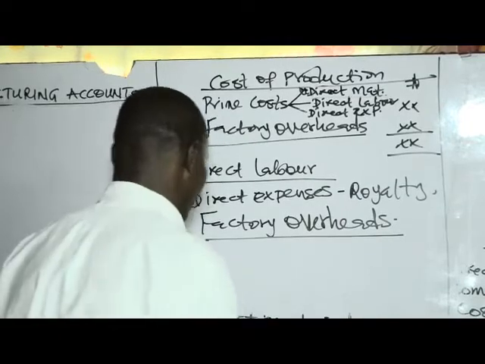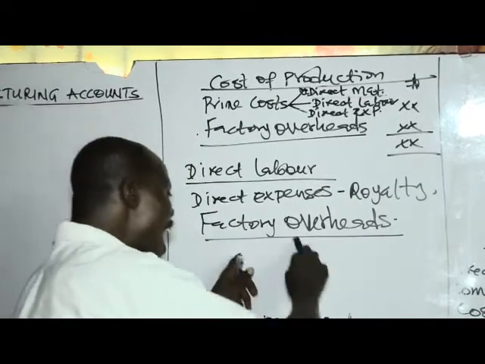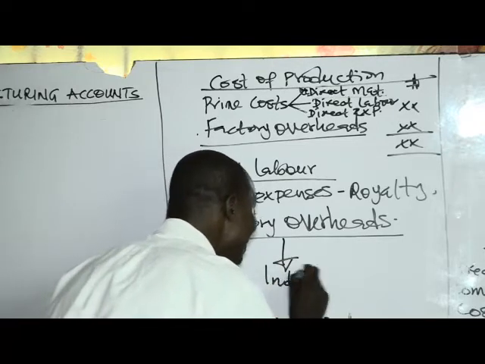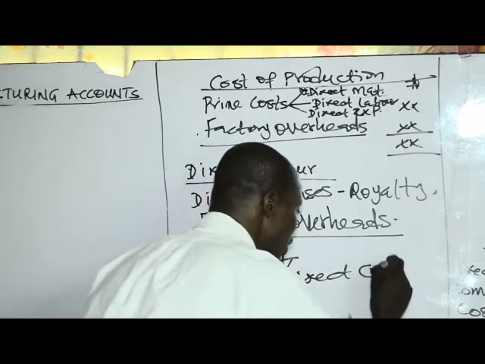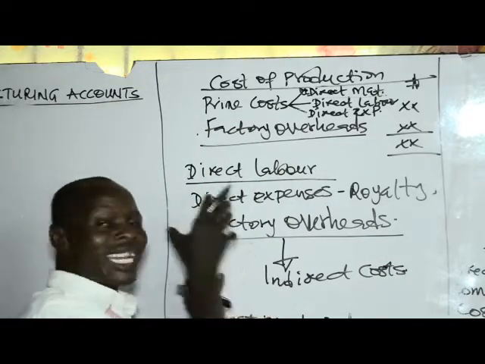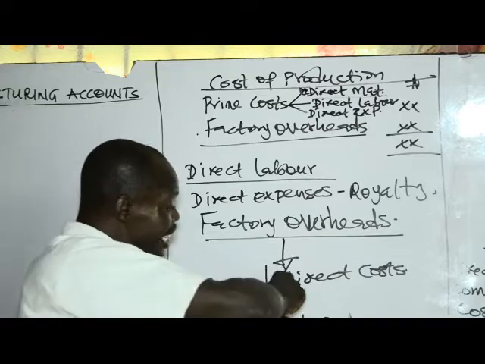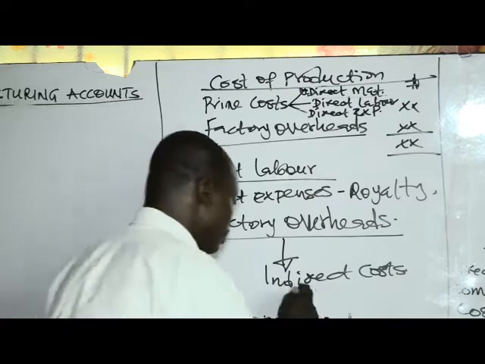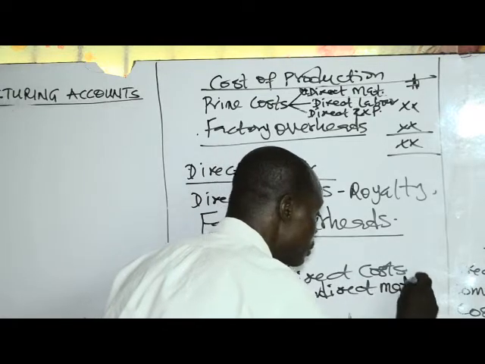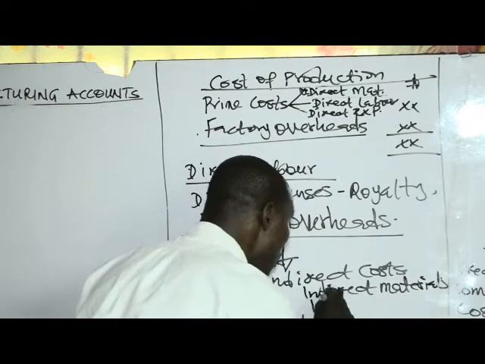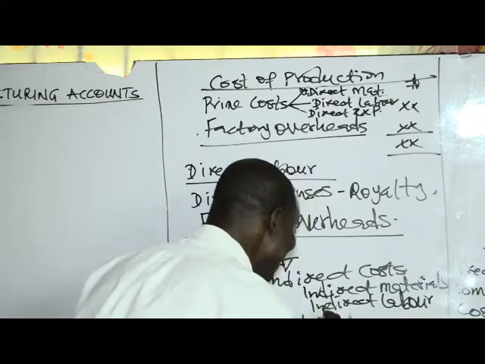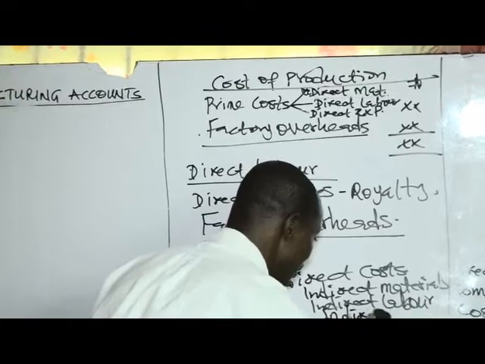Factory overheads. Overheads are indirect costs. I've told you that overheads is the aggregate of indirect materials, indirect labor, and indirect expenses.